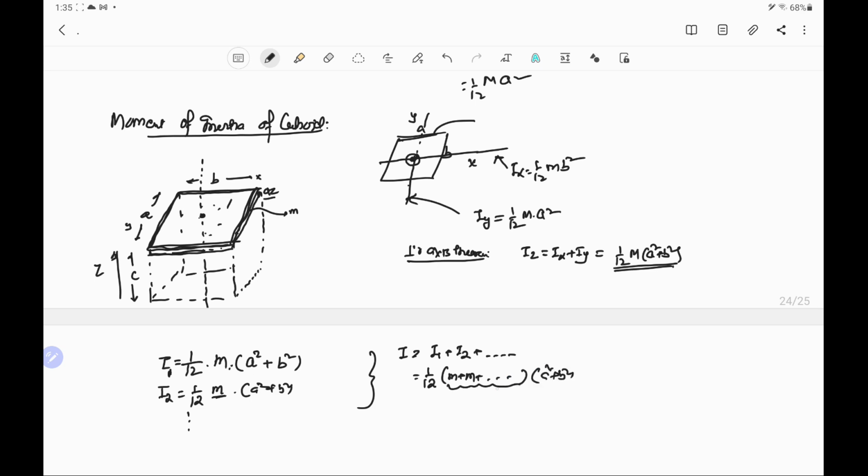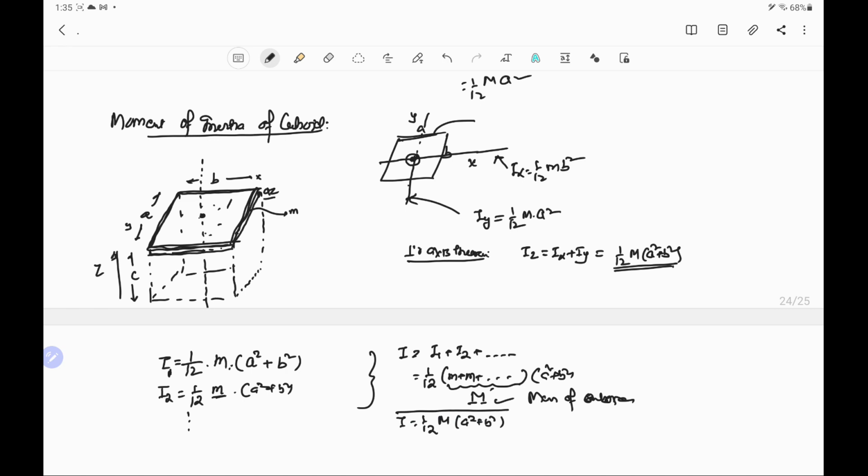This sum of the small m is the total mass, the mass of the cuboid, so we can replace it with the capital M, mass of cuboid. So it will be 1 by 12 M (A square plus B square).